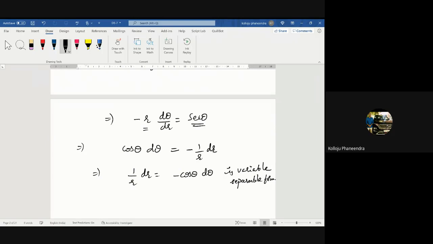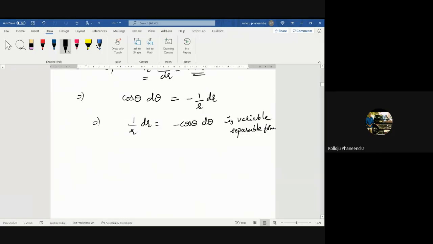Therefore integrating on both sides, the integral of 1 over r dr is equal to negative cosine theta d theta. So this is log mod r, and what is the integration of cosine theta?